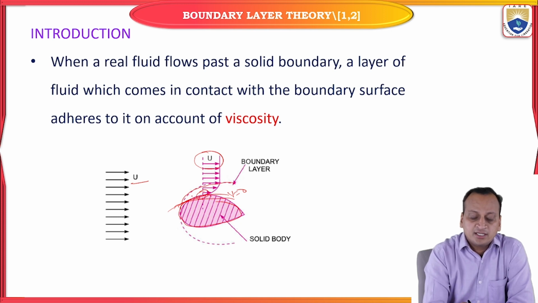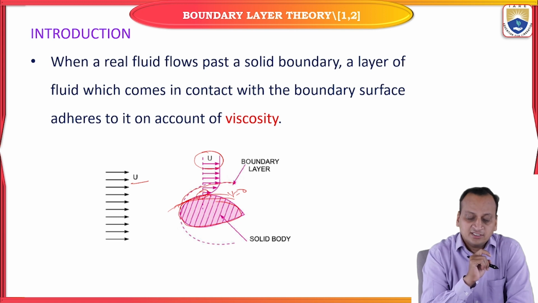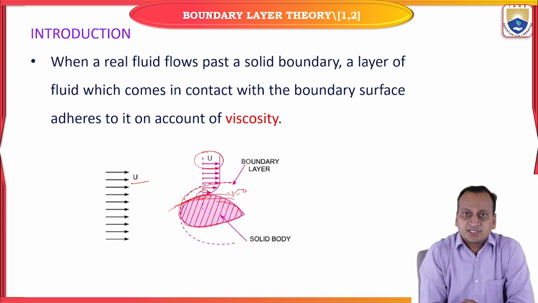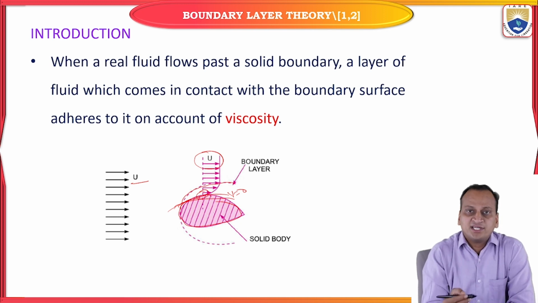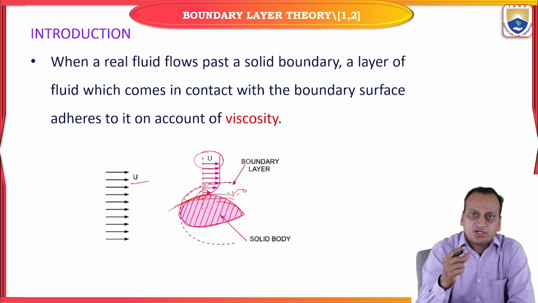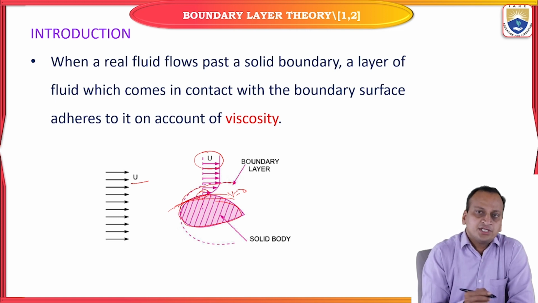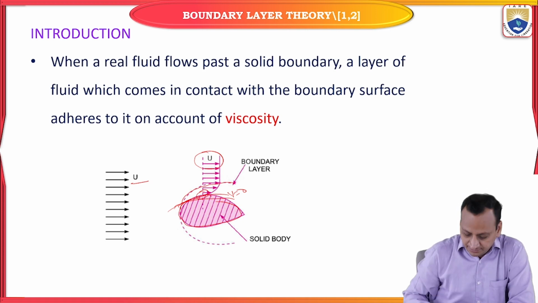Within that boundary layer, all the fluid layers are retarded. On account of viscosity, when one layer comes into contact with a stationary solid body kept in a fluid, the adjacent layers are retarded, and all those retarded fluid layers form a narrow region. That narrow region is nothing but the boundary layer.